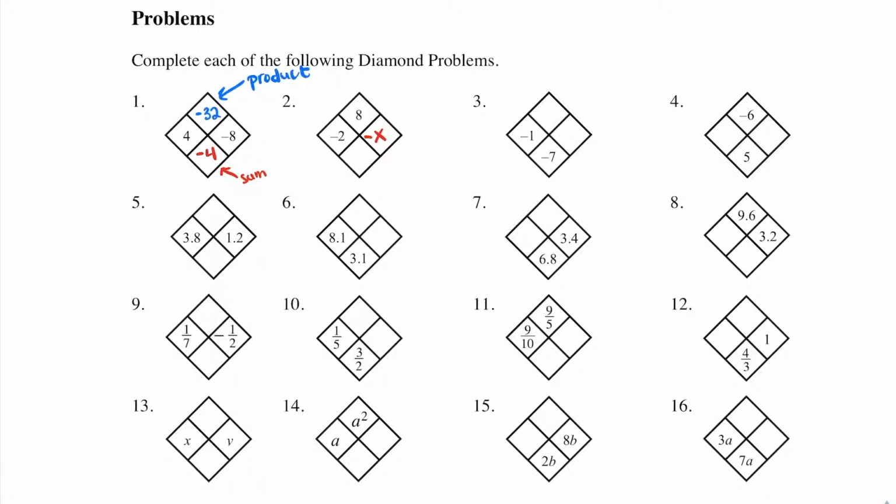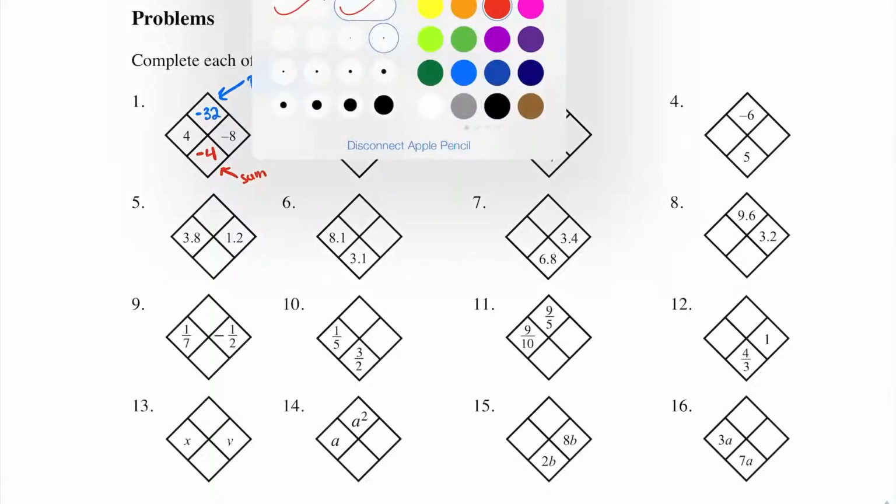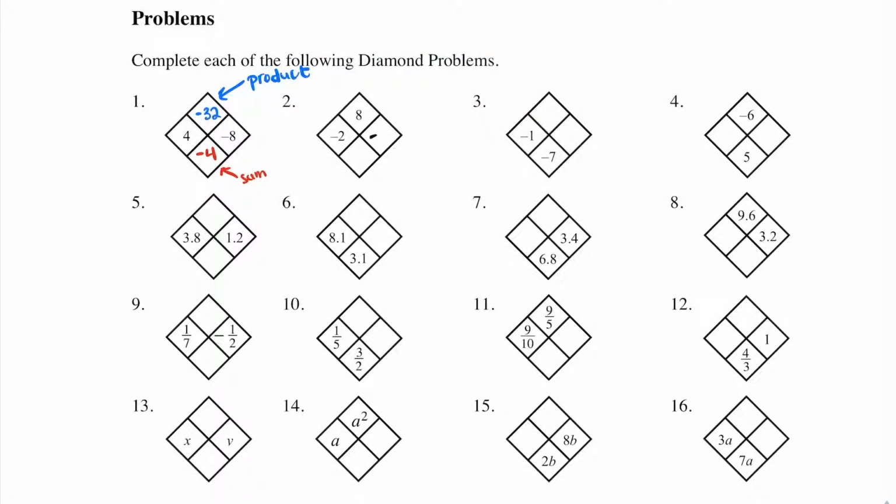Then I ask myself, 2 times what is 8? That's 4, so my other factor should be negative 4. Negative 4 times negative 2 does indeed equal 8. Now I need my sum: negative 2 plus negative 4 is negative 6.